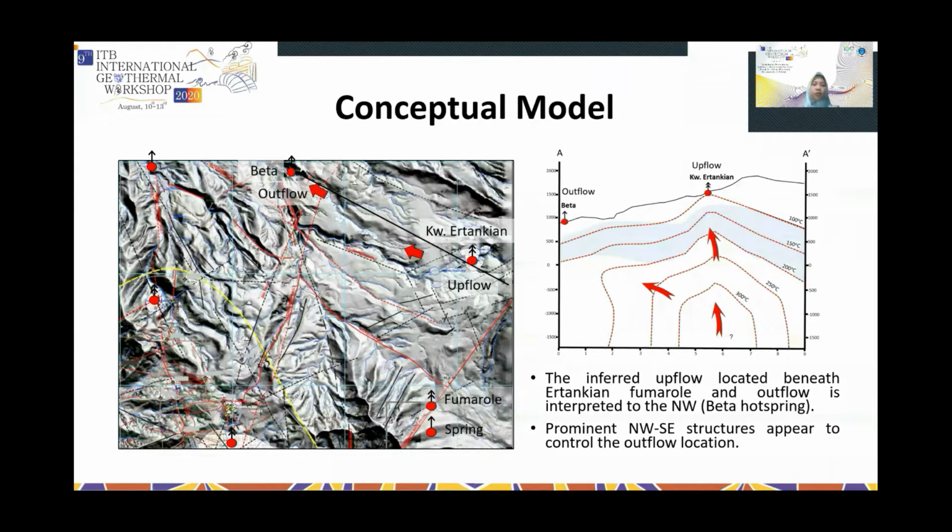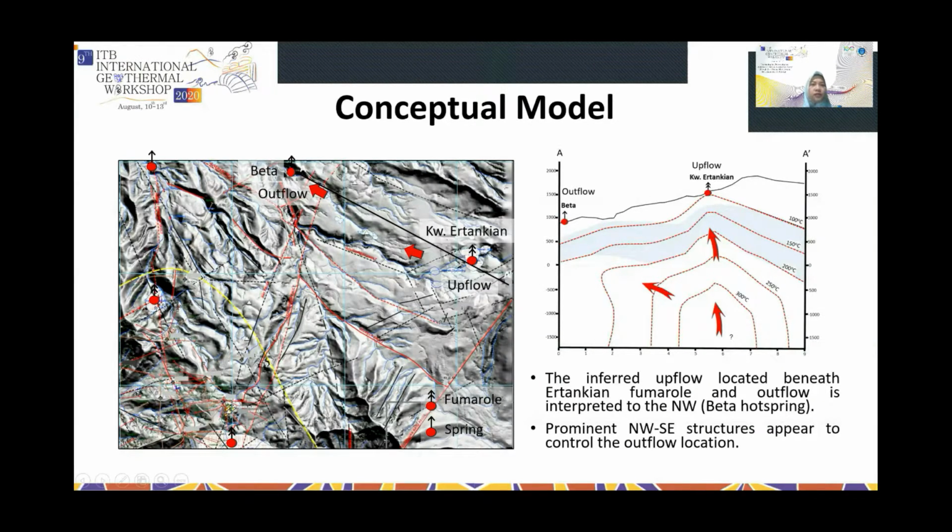This slide shows the initial conceptual model of the Ertankian area. The integration of geology, geochemistry, and geophysics data are used to develop the conceptual model of the Ertankian prospect. From the integrated data, the interpretation is that the invert upflow is located beneath the Ertankian fumarole, with outflow towards the northwest to the Beta hot spring here.